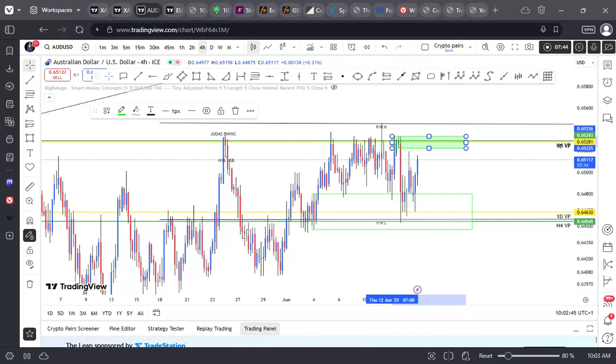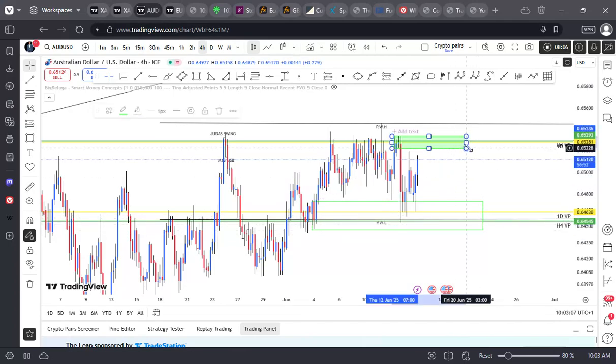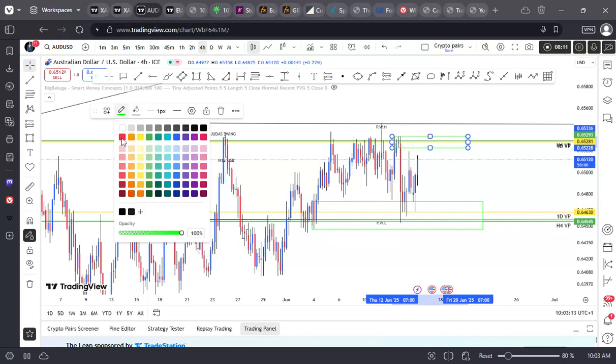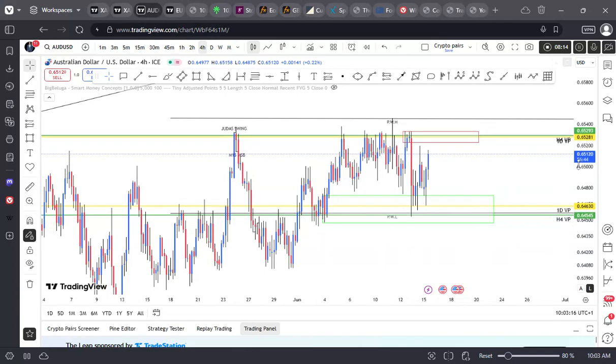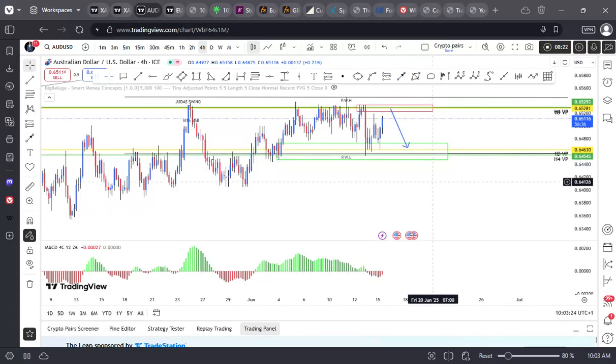Okay, so this is the supply zone. And then the 4 hours demand, these two hold at the 4 hours demand. Okay, good. So from AUD, I see when it goes back to this place, we'll be selling. It's been ranging.